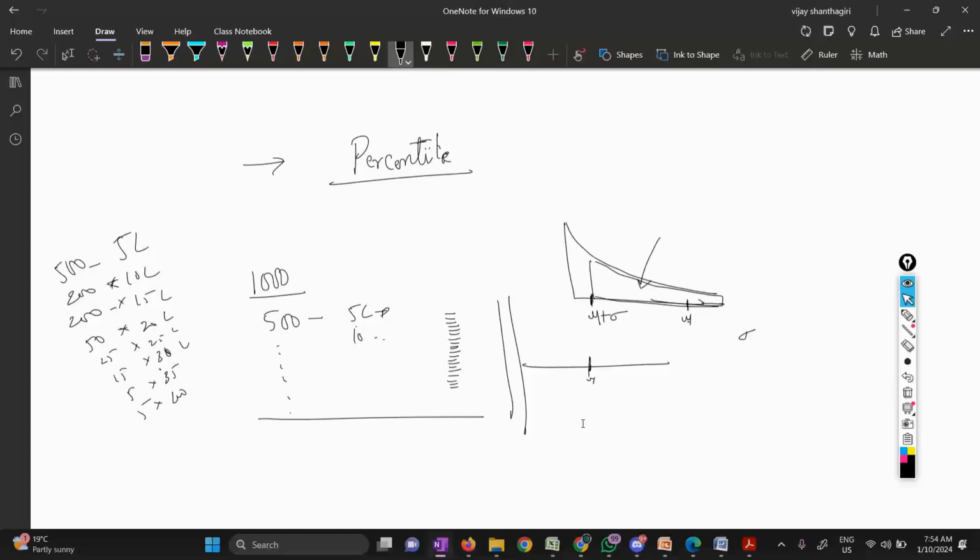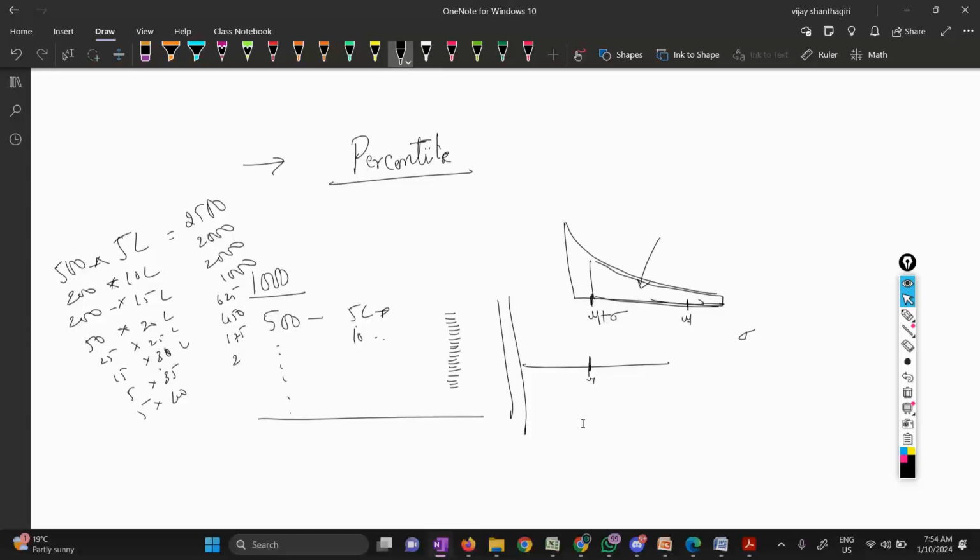You have to do this multiplication. 25 into 5, 175, 170, 140, 175.